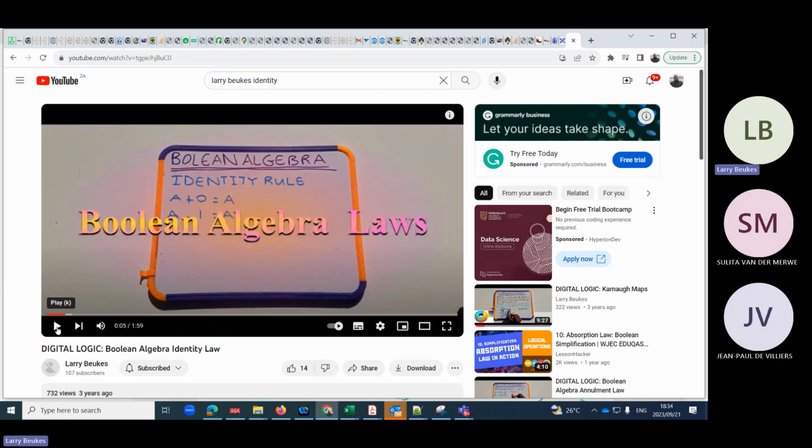Yeah, okay. So this law that we're going to look at here is called the identity law, right? The identity rule. If you can see already from the screen, I am already saying A plus 0 is A, and A and 1 is A, right? But let's hear.